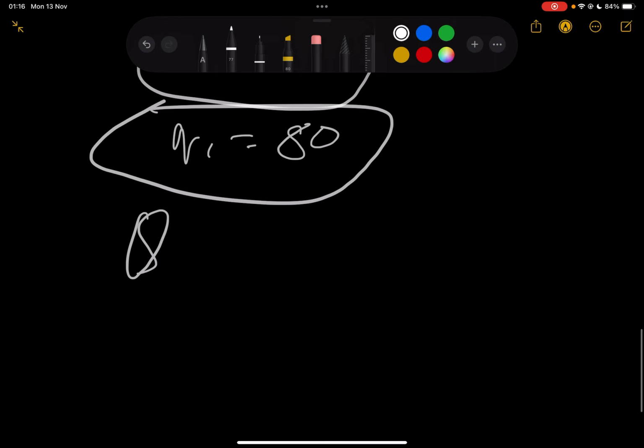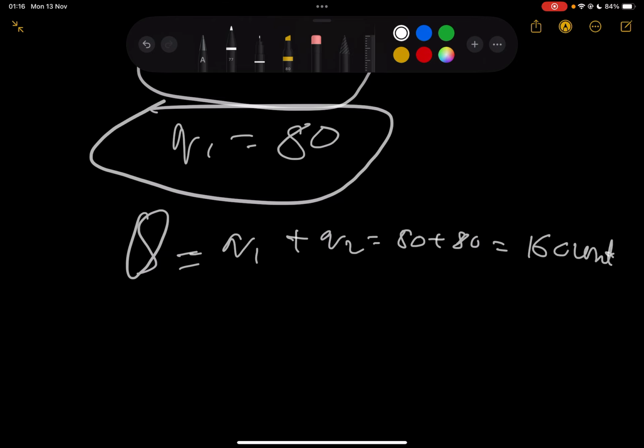So the big Q that both of the firms are going to produce in the market is q1 plus q2, which is 80 plus 80, which is 160 units. I'm sorry for my writing.